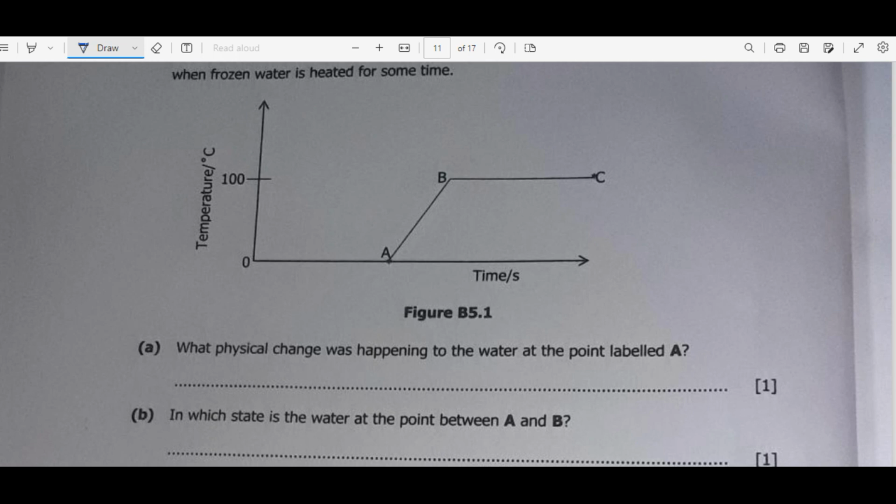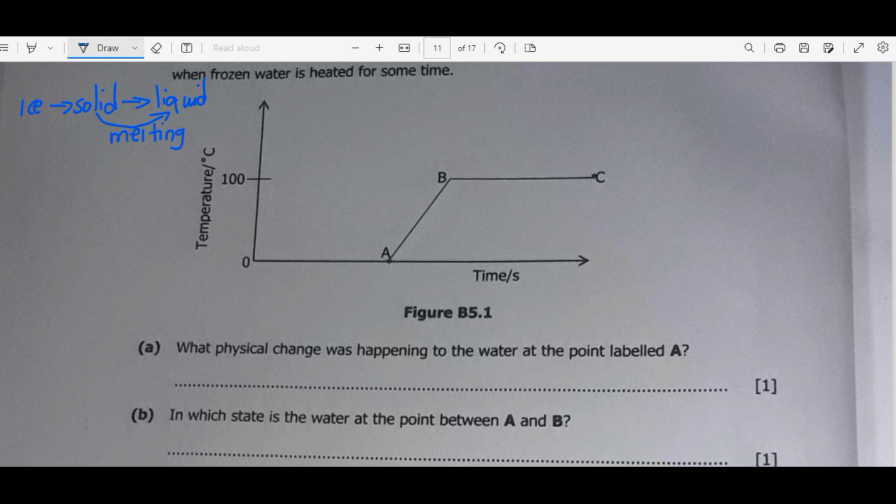Remember, ice is just water in solid state. Now, what happens if this ice is heated to a certain temperature? We are going to have liquid water. So by what process can we change a solid into a liquid? We have what we call melting.